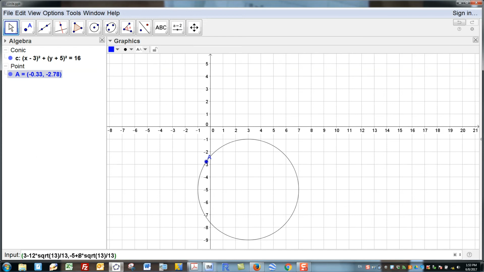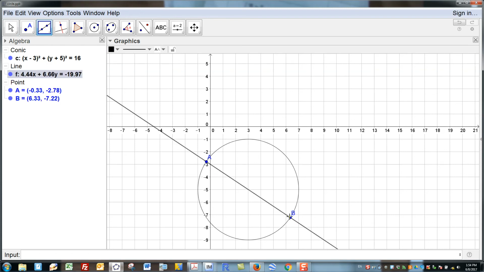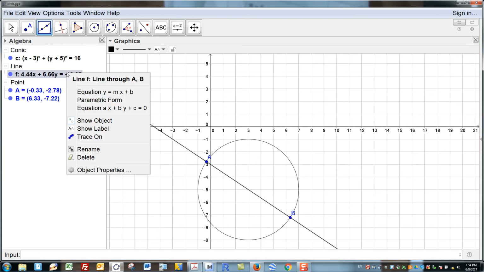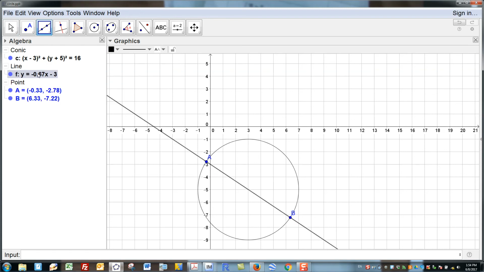I'm going to type in the next one. The only difference here, of course, is we have a 3 plus a 12 square root and a negative 5 minus an 8 square root. There we go. And let's just see if the line that connects them is the correct line. I'll put it in y equals mx plus b, and I do see it has a negative 2/3 slope.